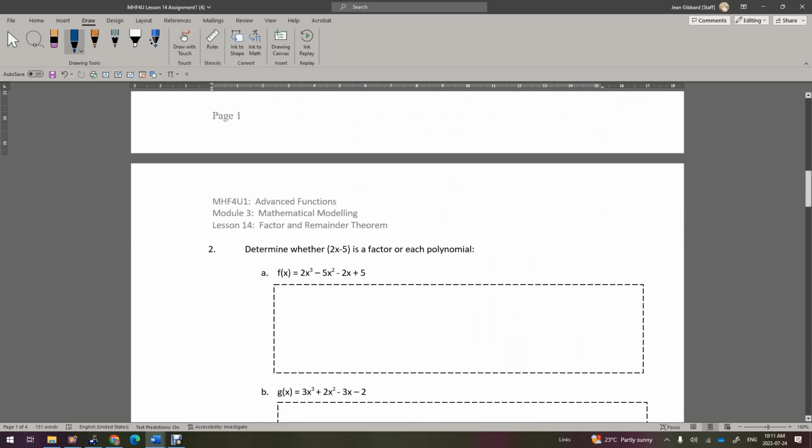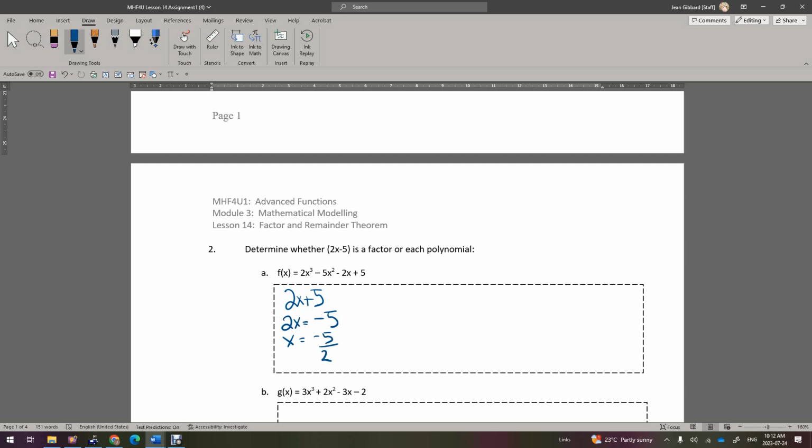Now, for number 2, to determine whether it's a factor, we take it in the form 2x plus 5, and we say 2x is negative 5, so x is negative 5 over 2.